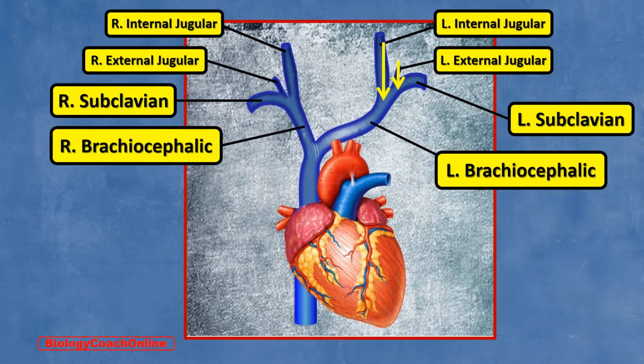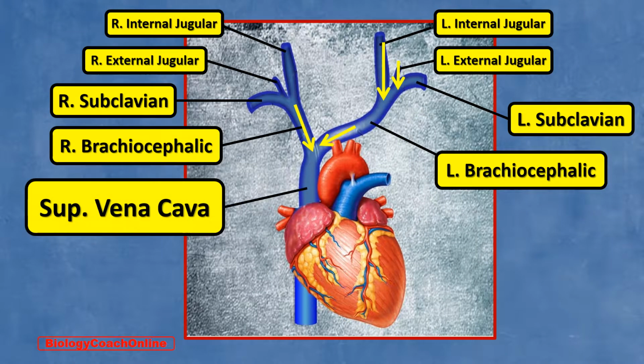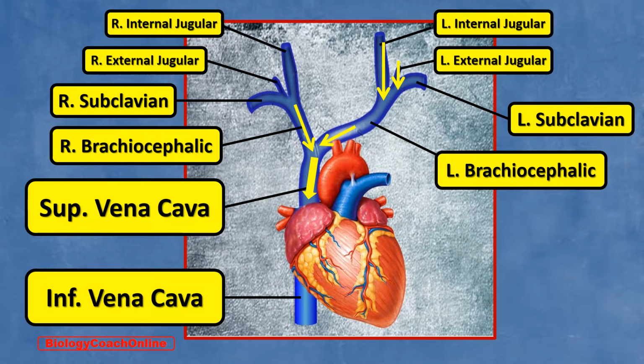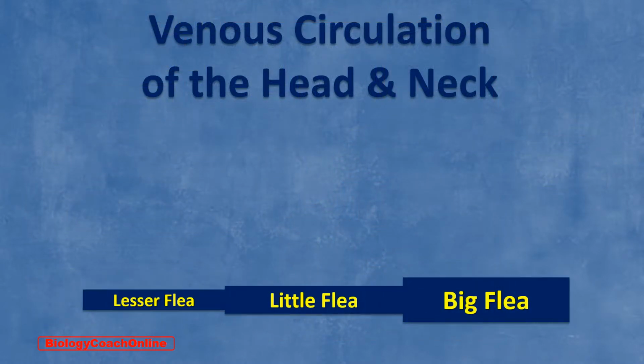The left and right brachiocephalic veins then drain into the superior vena cava. That's your big flea, which in turn delivers deoxygenated blood from the head and neck back to the heart. And by the way, here is the inferior vena cava, which services the torso and lower extremities. So if we put this into flowchart form, then it looks like this.